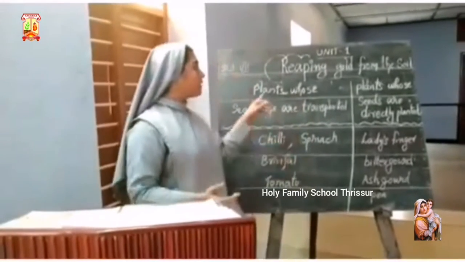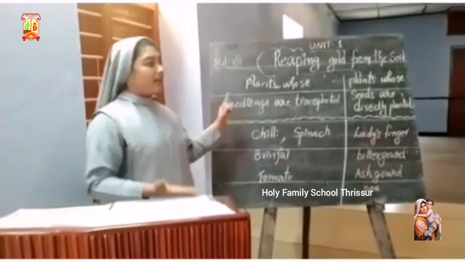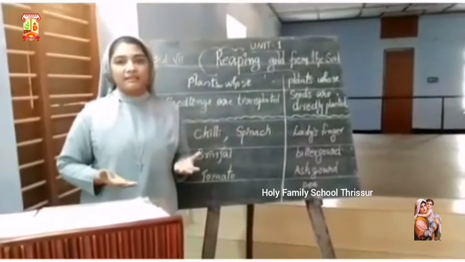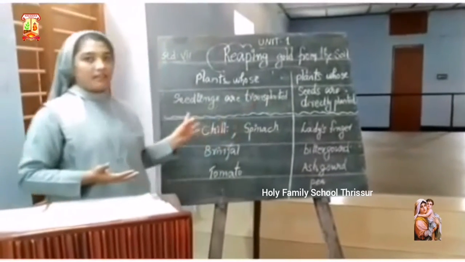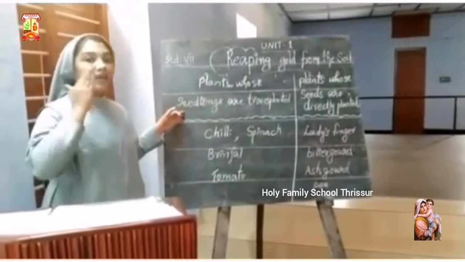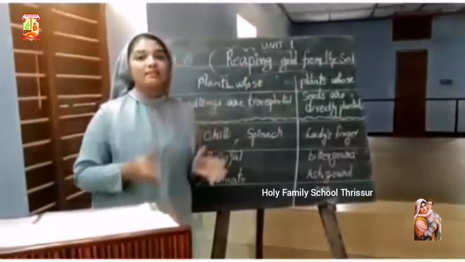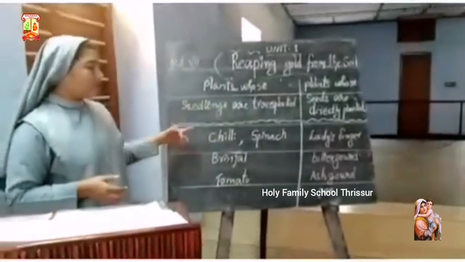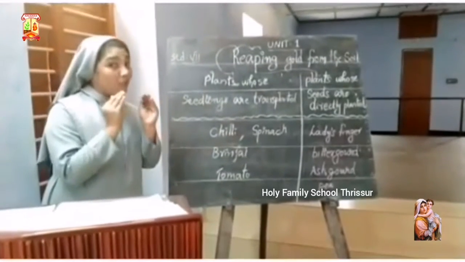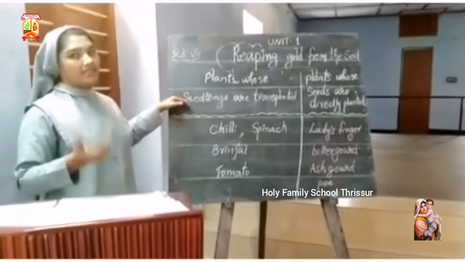Next, the plants whose seedlings are transplanted and the plants whose seeds are directly planted. There are differences in these two situations. What is the example for that? Chili, spinach, brinjal, tomato. These have small seeds, so the seedlings are transplanted.